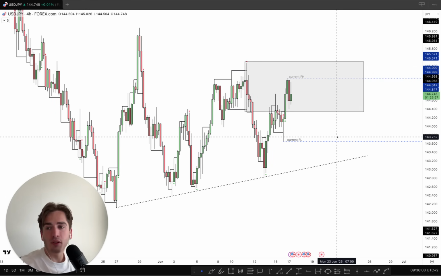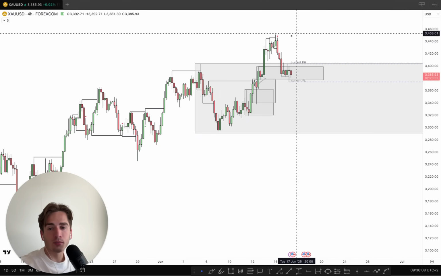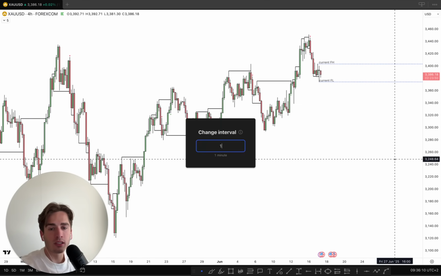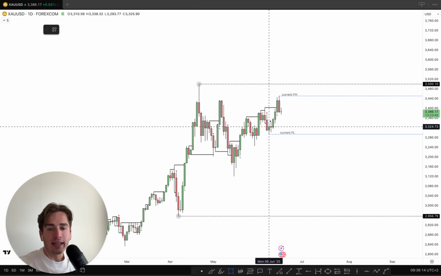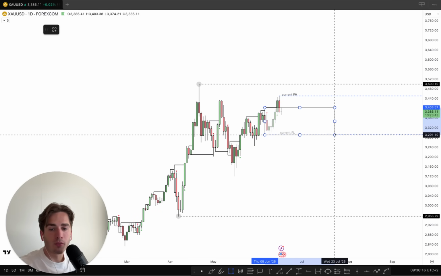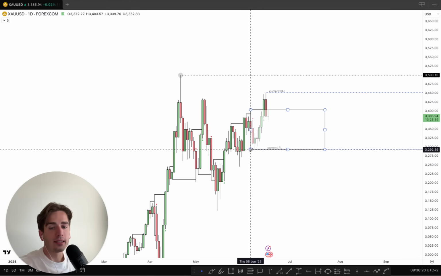And then we have, last of all, gold. With gold, we can see that we push down lower. This is perfect, exactly as we wanted. Because looking at this from a daily perspective, what this now means is that we've retraced into this daily area of demand. Now, the main reason for the drop overall in gold is obviously the ceasefire talks between Iran and Israel.